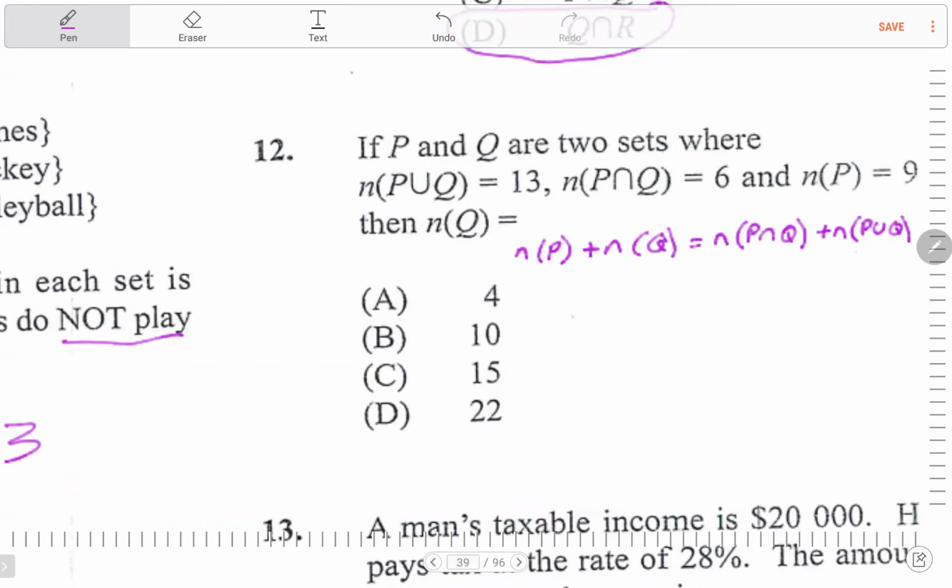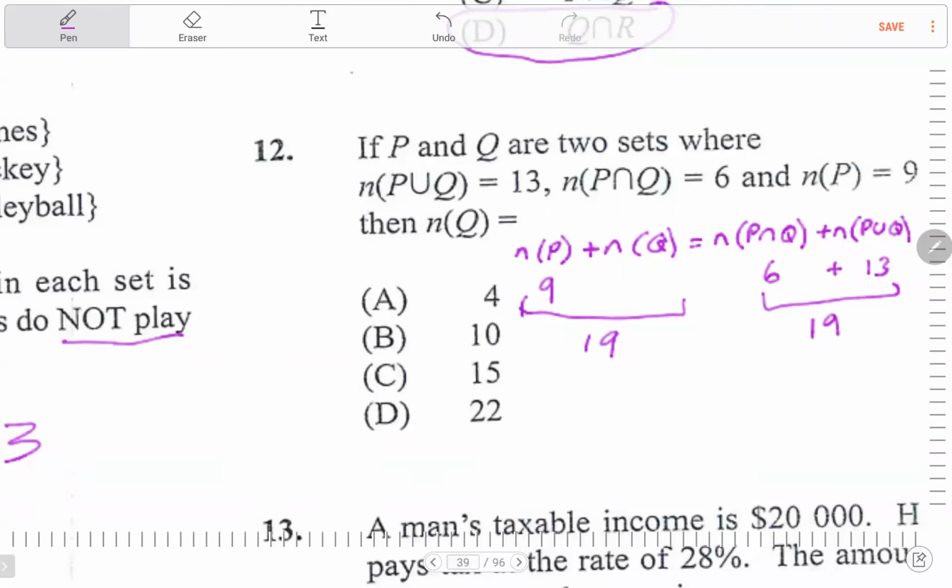So the union is 13, the intersection is 6. So this side adds up to 19. So this side also must add up to 19. It must balance. So the number in P is 9.